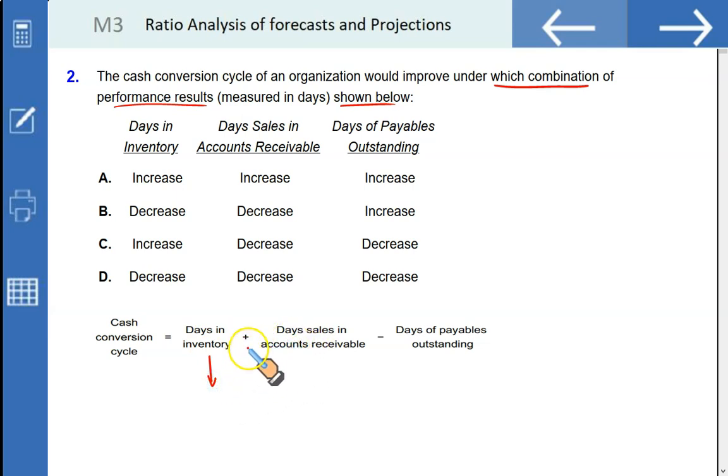You should hold as little inventory as possible, collect your money from customers as quickly as possible, and delay payment to your suppliers as long as possible. So a reduction in days in inventory, a reduction in days sales in receivables, and an increase in the days of payable outstanding will lower your cash conversion cycle. If you match, this is the perfect match, B.